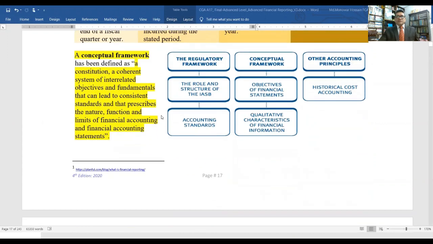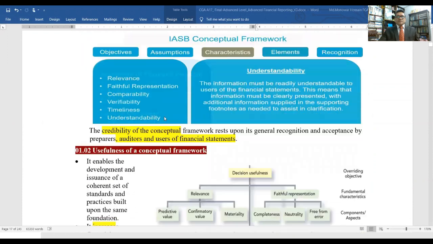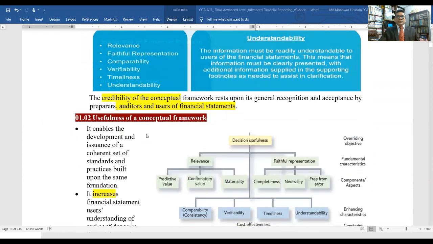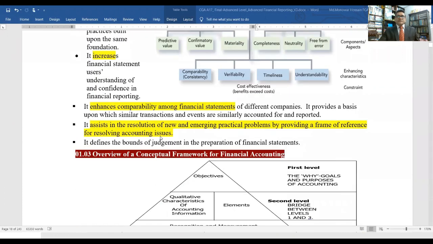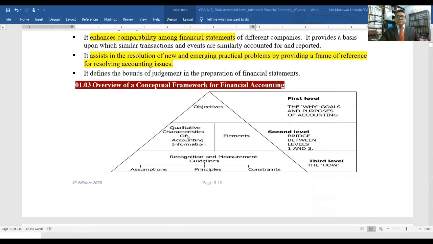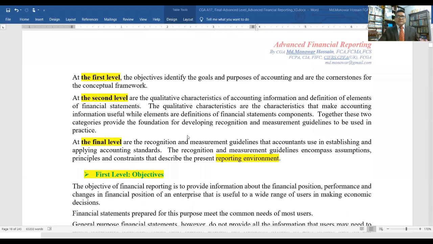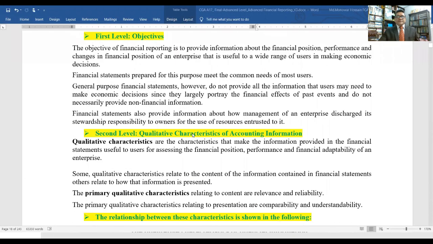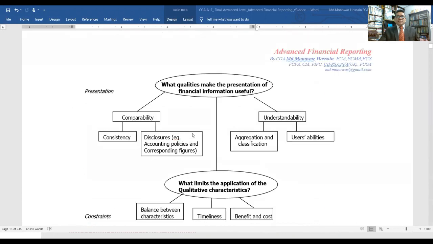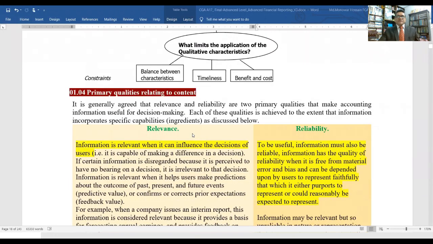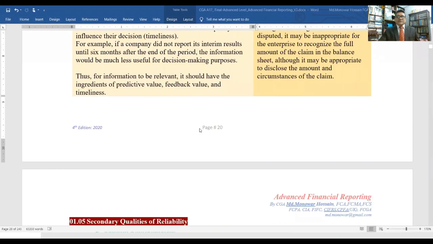And we learned the conceptual framework and its usefulness. Then we learned the overview of the conceptual framework for financial accounting, which has 3 levels: first, second, and third. And the primary qualities relating to content: relevance and reliability.